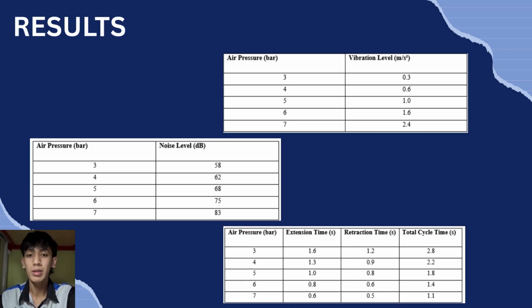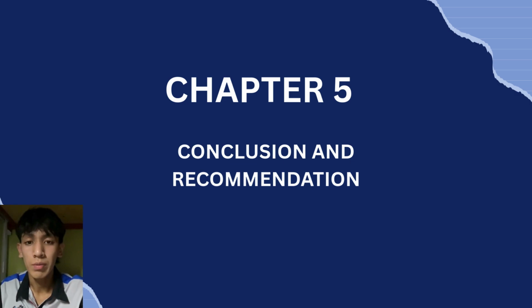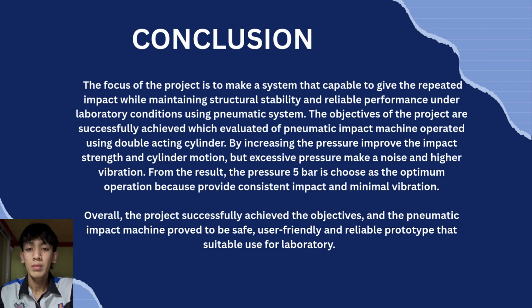So chapter 5 covers the conclusion and the recommendation. In conclusion, this project successfully achieved all its objectives. A pneumatic impact machine was designed and fabricated to deliver repeated impact load while maintaining structural stability and reliable performance.